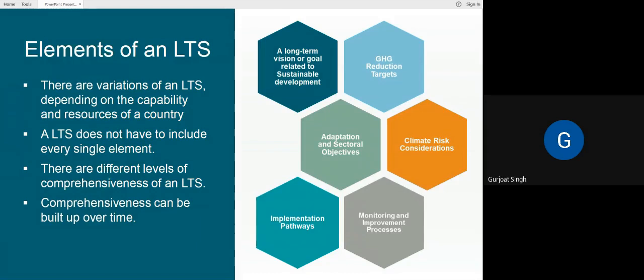This was done in 2014, I think it was, for the three main emitting sectors that we have based on the most recent inventory that we had at the time, which was power generation, transportation, and industry. No surprises there, I guess. And from that, we were able to glean our nationally determined contribution under the Paris Agreement. We were the first Caribbean country to submit an INDC in 2015.